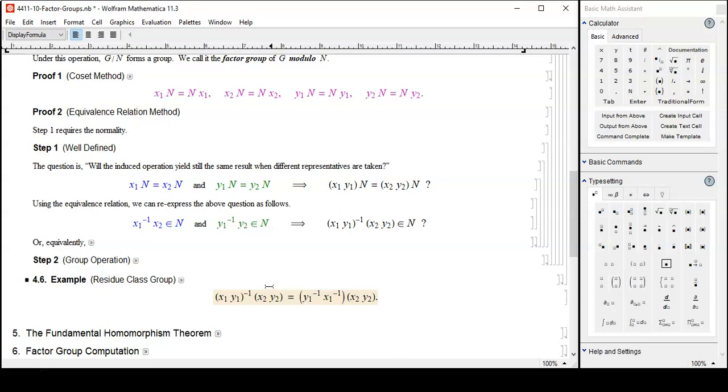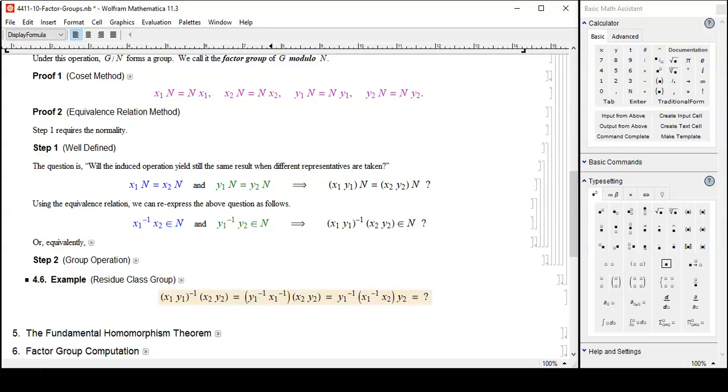We just use the inverse formula, and then if you use associativity, you can rewrite it as y1 inverse. Let's remove this parenthesis, by the way, and then put parenthesis here: x1 inverse, and then x2, and then y2.